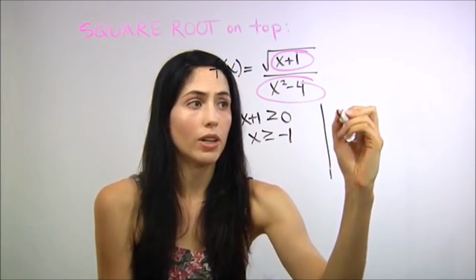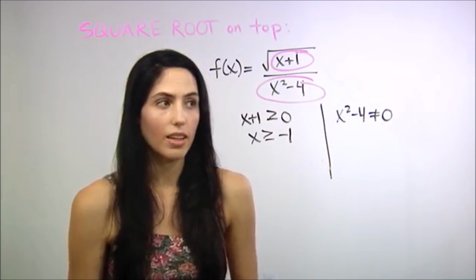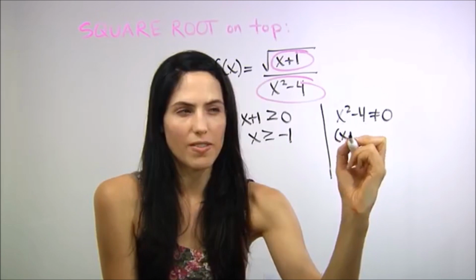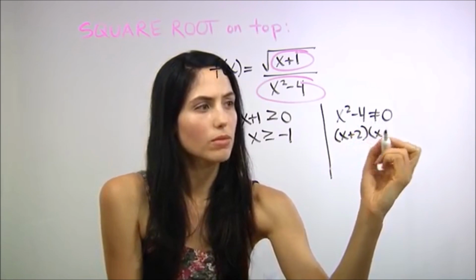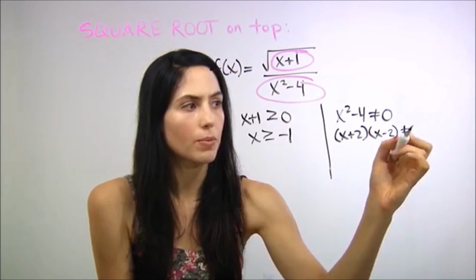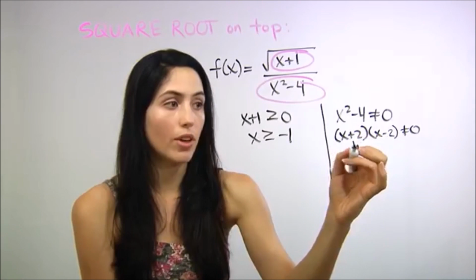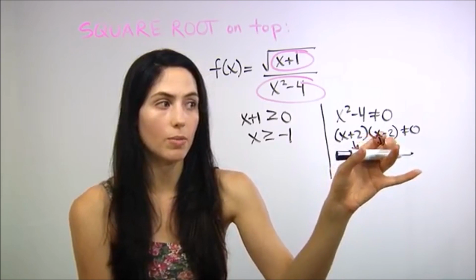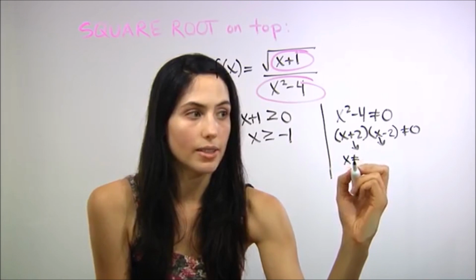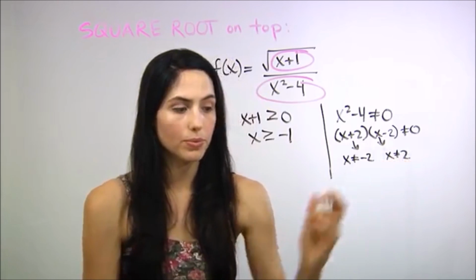So we have x squared minus 4 cannot equal 0. Now, to solve that, as before, you would have to factor. So you have x plus 2 times x minus 2 can't be 0. So I've rewritten that as a product of two factors. And when you solve each of them separately, set each of them not equal to 0, you get x cannot be -2, and x cannot be 2.